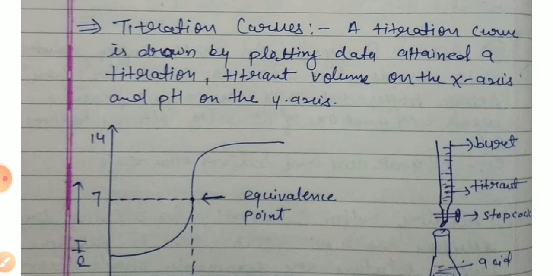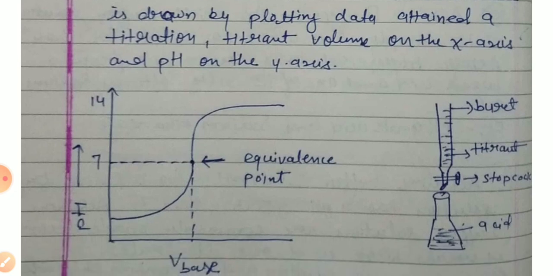If you see in this diagram from 0 to 40, 7 is the neutral pH and 14 is a higher pH, or base pH. You can see the curve changes from the neutral side. Below 7 it is acid, and about 7 it converts into base, and after that it reaches a constant value.